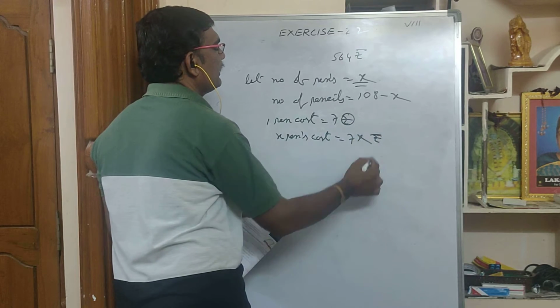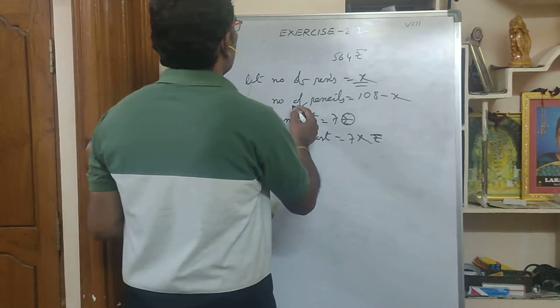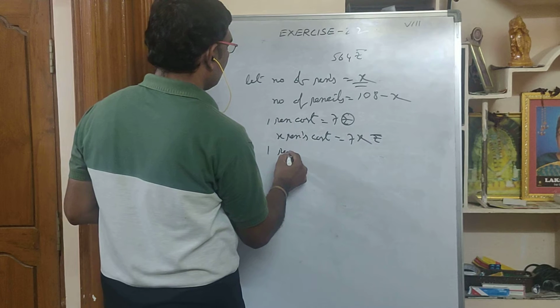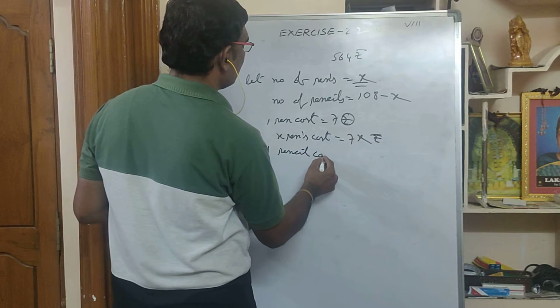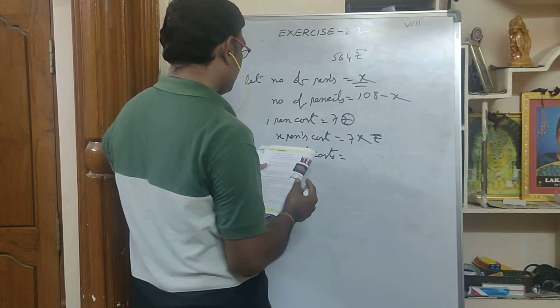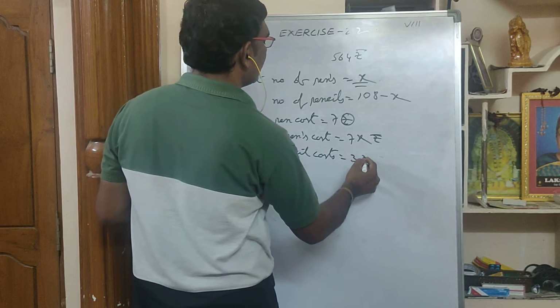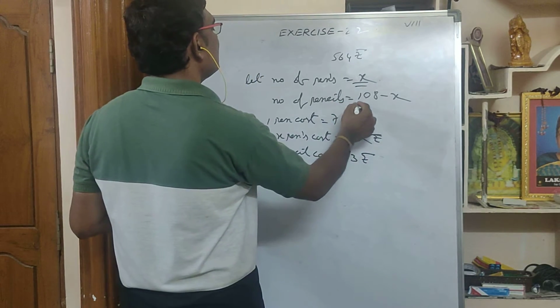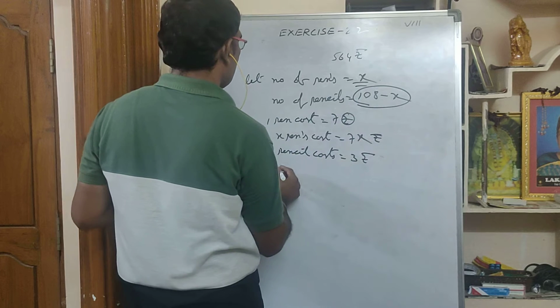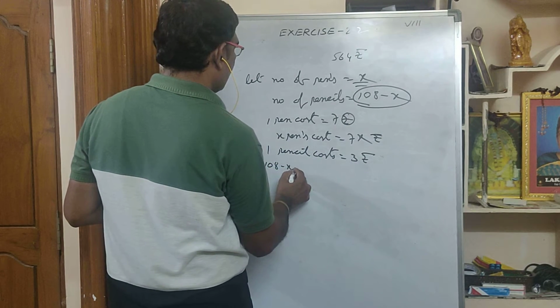Okay, 7x rupees. Now, one pencil costs how many rupees? 3 rupees. How many pencils did he purchase? He purchased 108 minus x pencils.